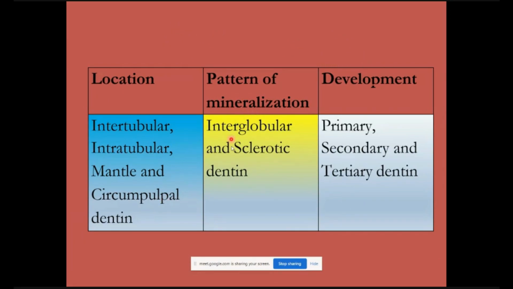And based on pattern of mineralization, it is classified as interglobular dentin and sclerotic dentin. I'll explain to you what is sclerotic. And based on the development: primary, which is formed before the root completion, secondary, which is formed after the root completion, and tertiary dentin, which is formed in response to a stimulus.